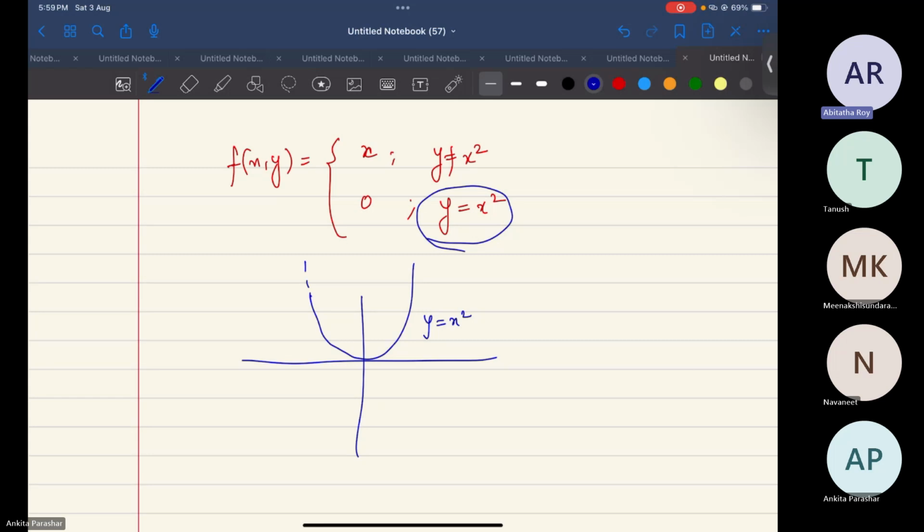I'm just writing that this curve, y equal to x square, is a parabola, okay? Yes. So I'm telling you that this is one function, and check that f is not differentiable; the issue is at 0.